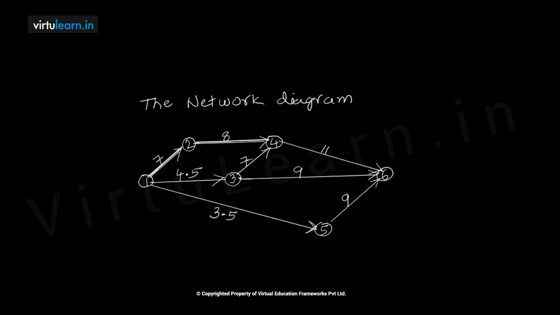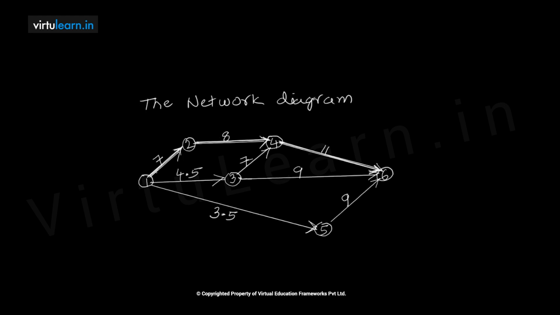Critical path is, as the name itself indicates, very critical to the success of the project to complete in time. Every activity is important, that is agreed, but the duration of the project is the critical path duration. That means unless we complete this path on time, we cannot complete the project on time.